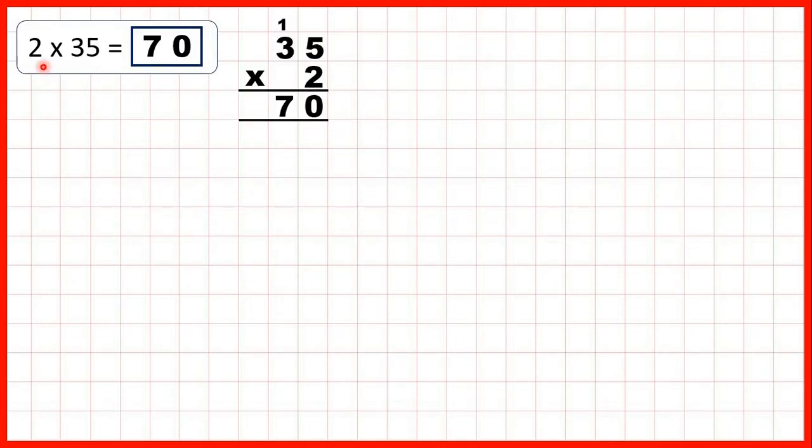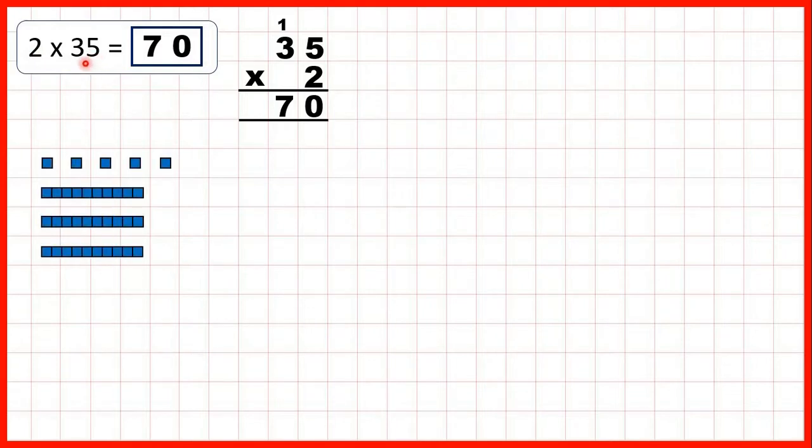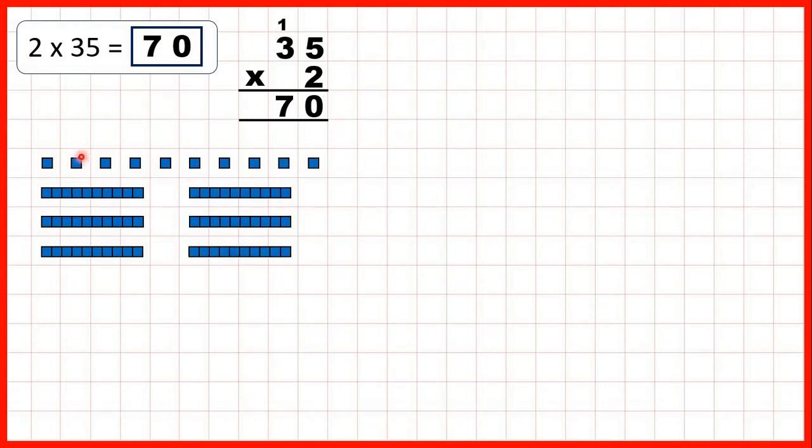Then for our last question, we had 2 times 35. Now we can represent 35 with 3 tens and 5 ones, and because the other number in our multiplication is 2, we can show what we have 2 times. Doing that gives us 10 ones, but if we have 10 ones, we can regroup those into 1 ten.